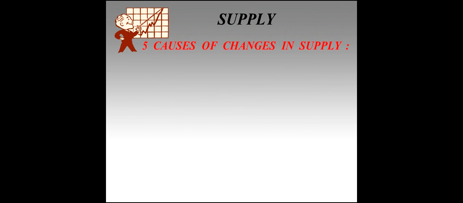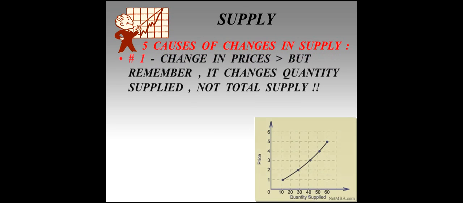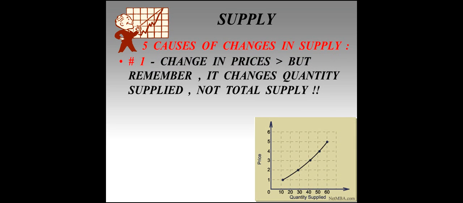So now we're ready to take a look at the 5 causes of changes in supply to a market. The first one would obviously be a change in price. But remember that a change in price changes quantity supplied, not total supply. Let's say, for example, with our chart that we've been looking at here, it represents the market for oranges.